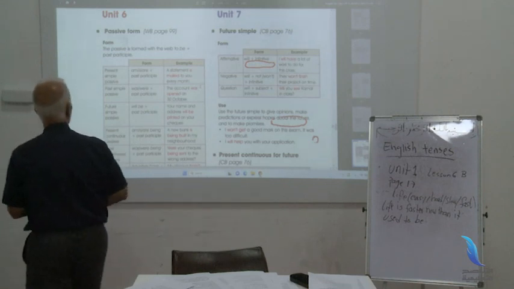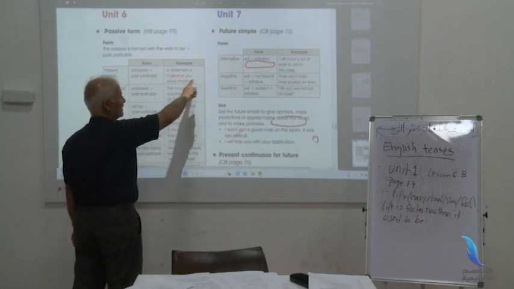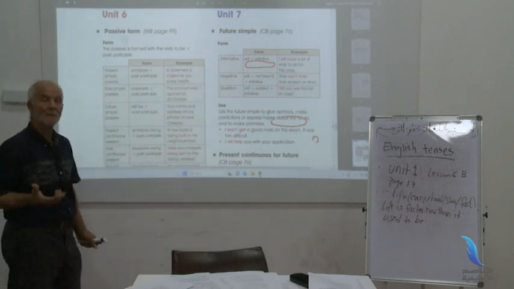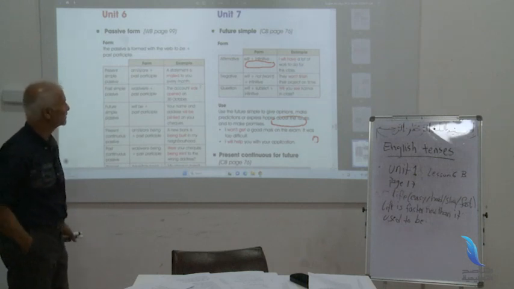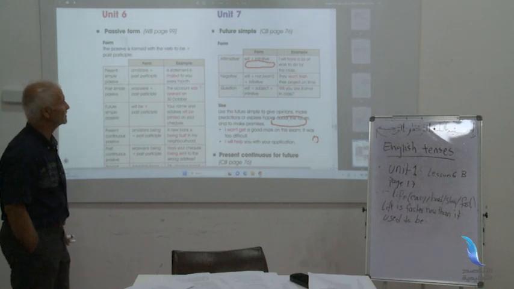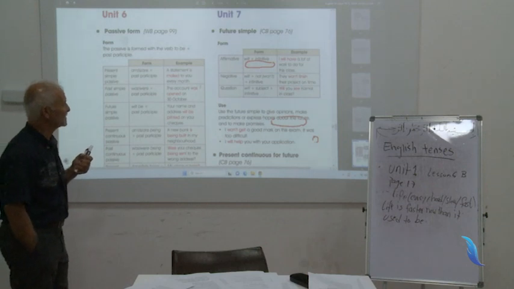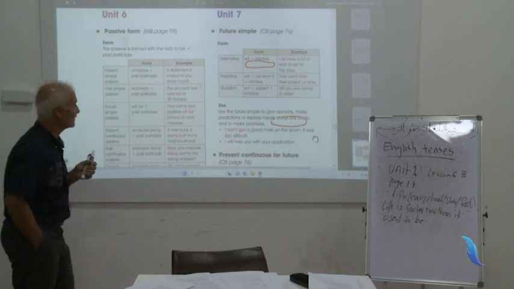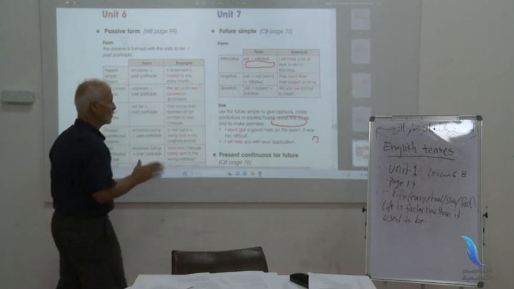So a statement is mailed to you every month means someone mails a statement to you. The one who did the action is unknown. We don't know him. A statement is mailed to you by someone.